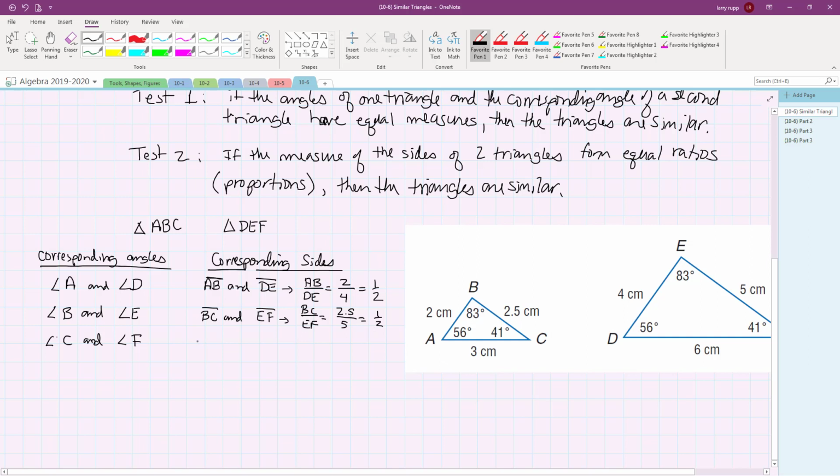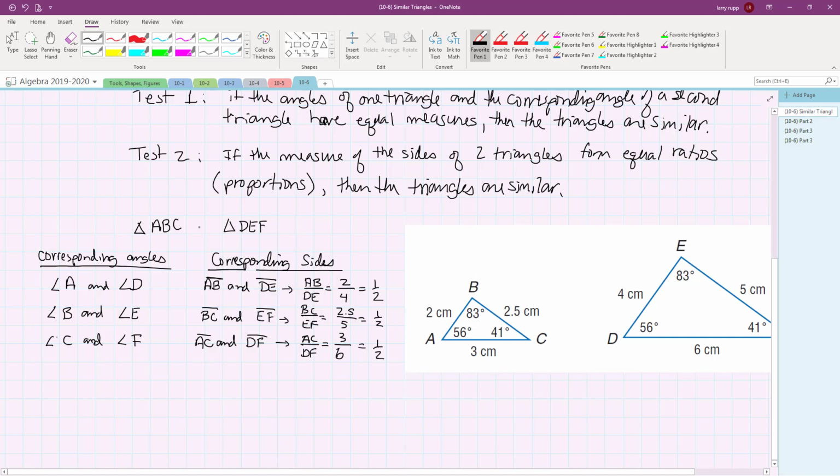The last set of sides is AC and DF. And AC is 3. So we'll go AC over DF. So AC is 3, DF is 6. And that's again 1/2. So these two triangles are indeed similar, and these are the relationships that prove it. Now, up here, we had triangle ABC and triangle DEF.